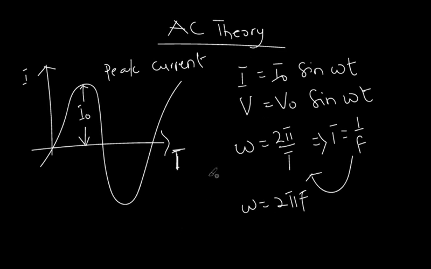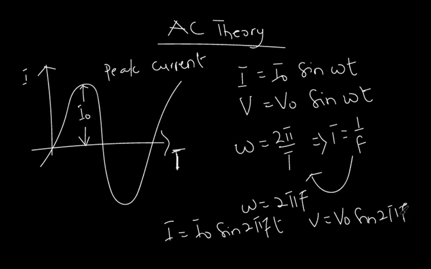So our current in AC theory can be obtained by using the formula I naught sine 2 pi ft, and our voltage can also be obtained by using V naught sine 2 pi ft. So these two formulas are used in calculating the current and the voltage in an AC theory.